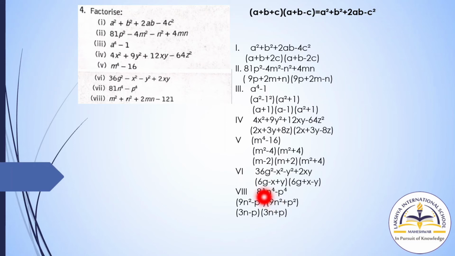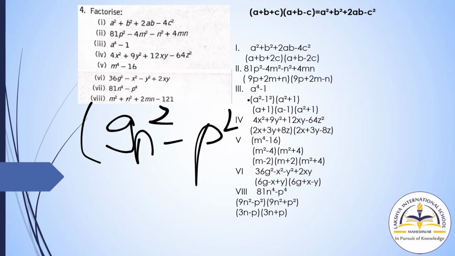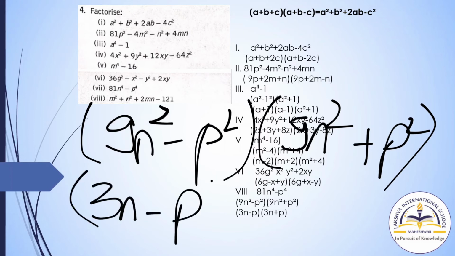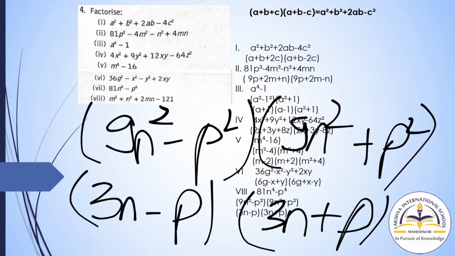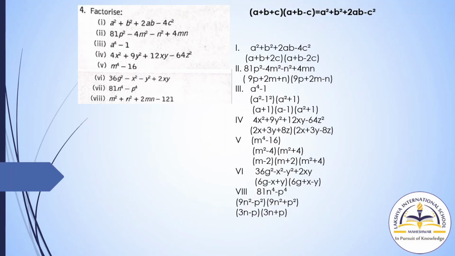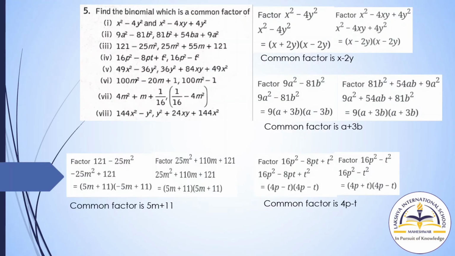Now here what you have to do, first we will write them in the square form, that is 9n square minus p square and then 9n square plus p square according to the identity. 3n minus p and 3n plus p will be the answer, because in place of a there is 3n, in place of b there is p. That's why the answer will be 3n minus p and 3n plus p.